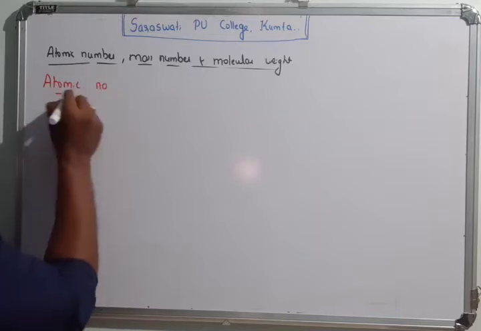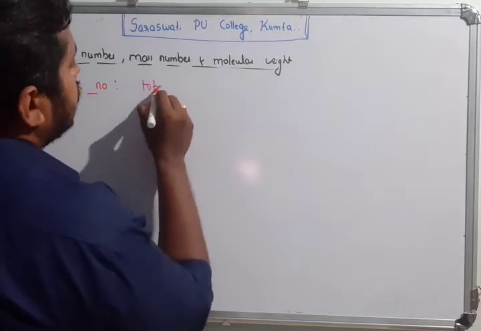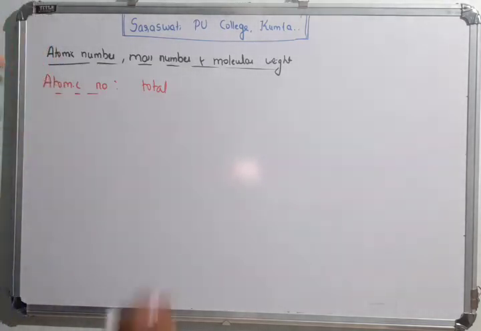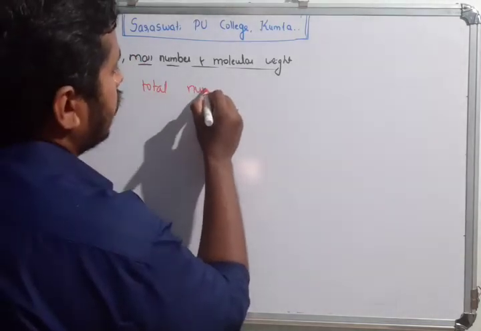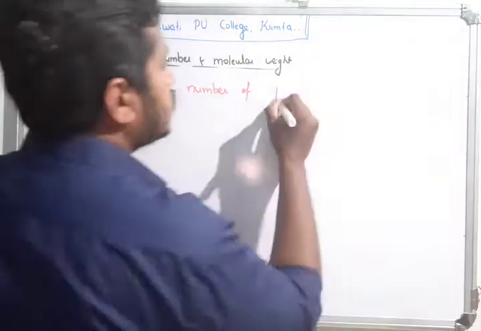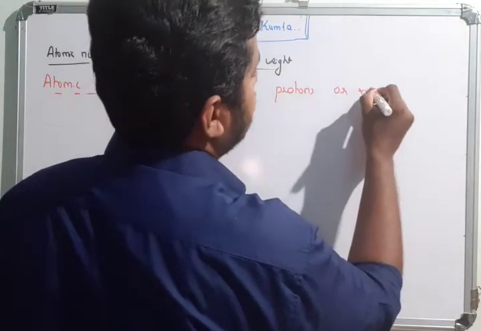Atomic number of an element is the total number of protons or positive charge.